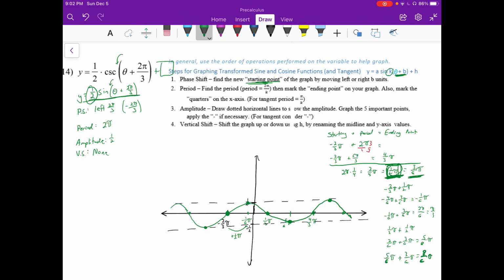We did all those things to help us graph cosecant. So remember, wherever there were zeros on the sine graph, or x-intercepts, they're the same thing, we will have a vertical asymptote on the cosecant graph.